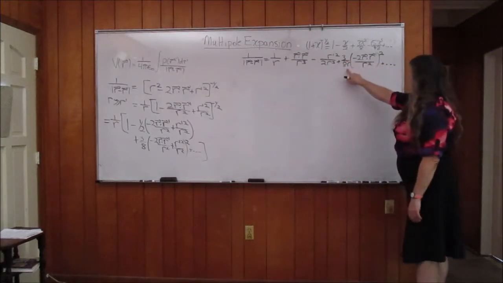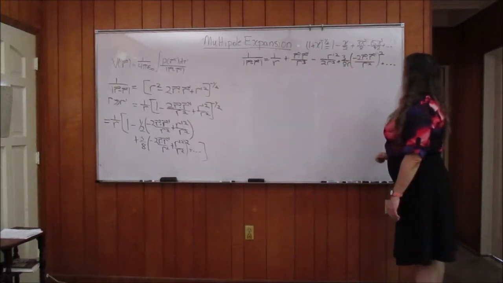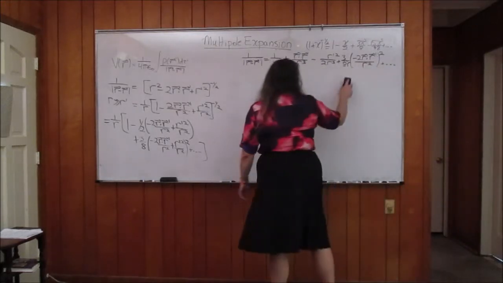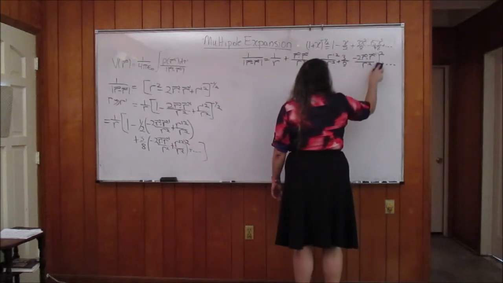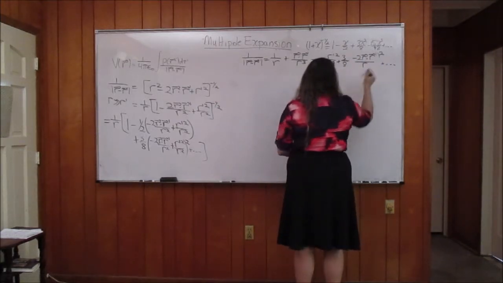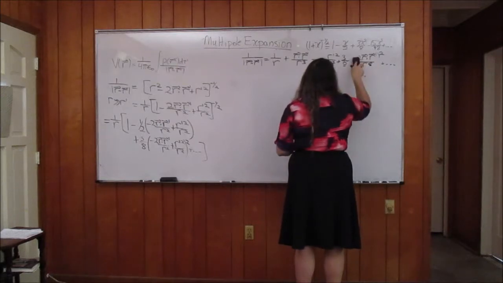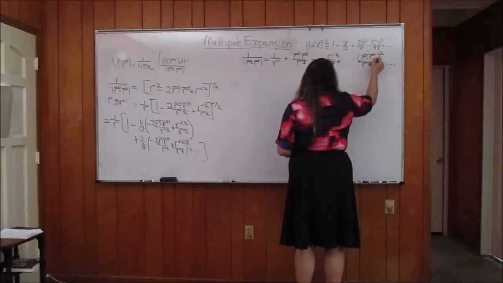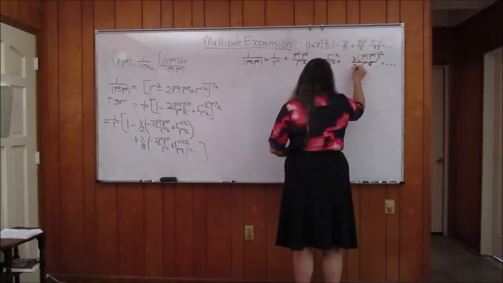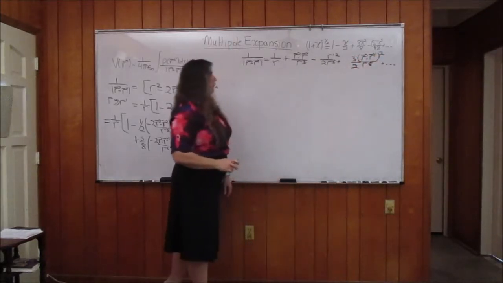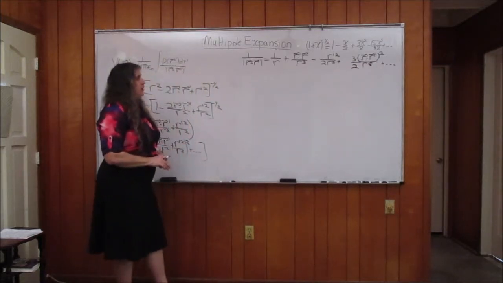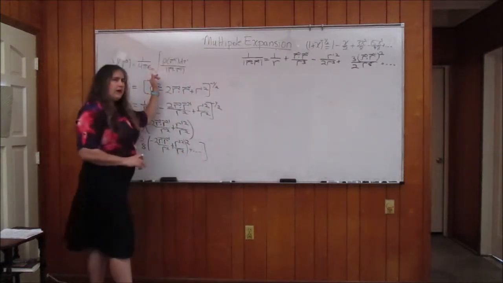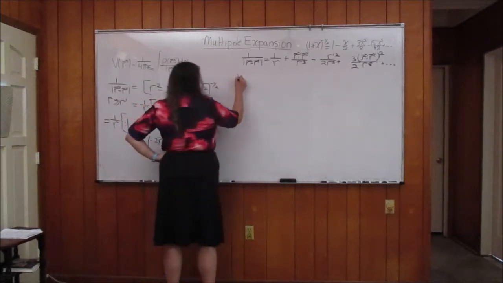So that's 3/8 over r times the quantity minus 2r dot r prime over r squared, all squared. Let me just rewrite this a little bit. And that's actually just the same thing as 3/2 the dot product of r and r prime squared all over r to the 5th.